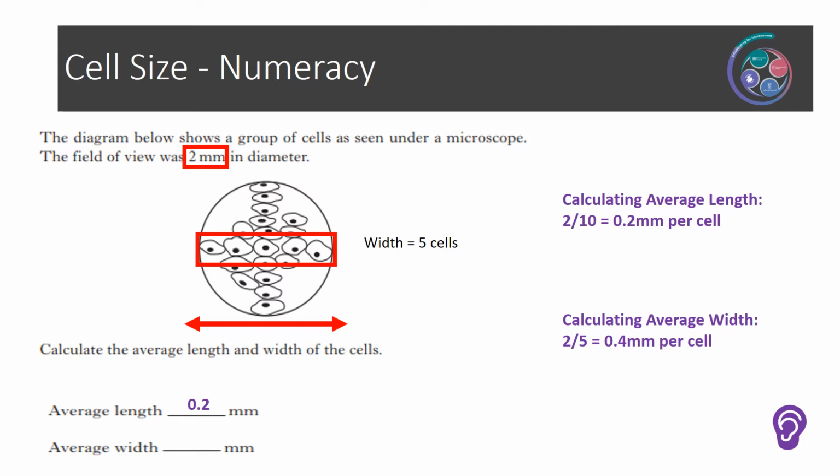Calculating an average width, we would then divide 5 cells by 2 millimeters in diameter, which equals 0.4 millimeters per cell. So the average length of a cell in this example is 0.2 millimeters, and the average width of a cell is 0.4 millimeters.